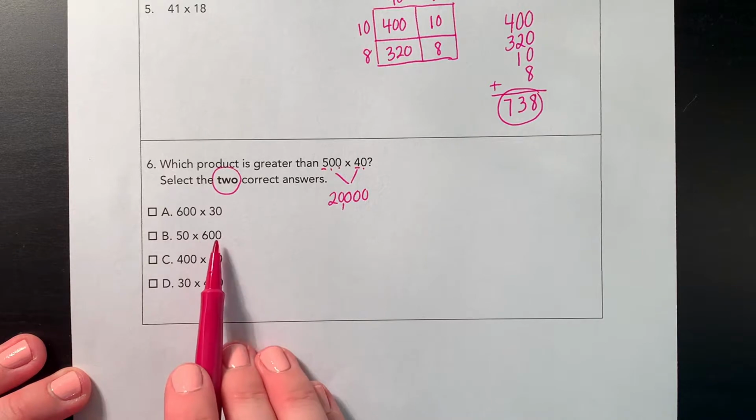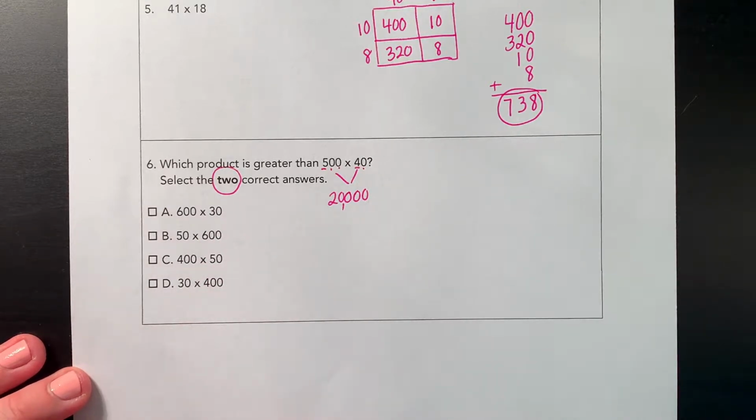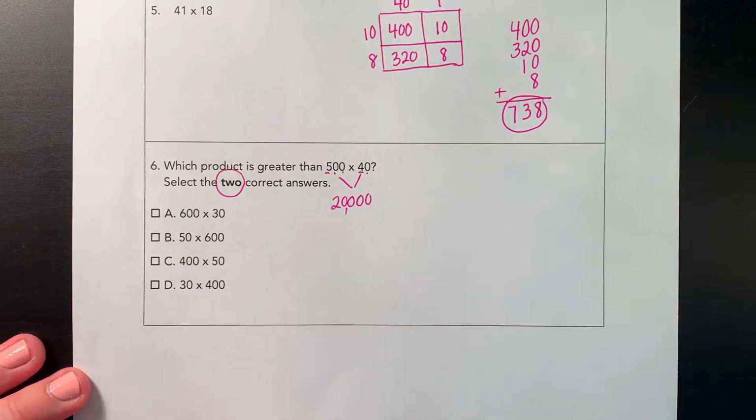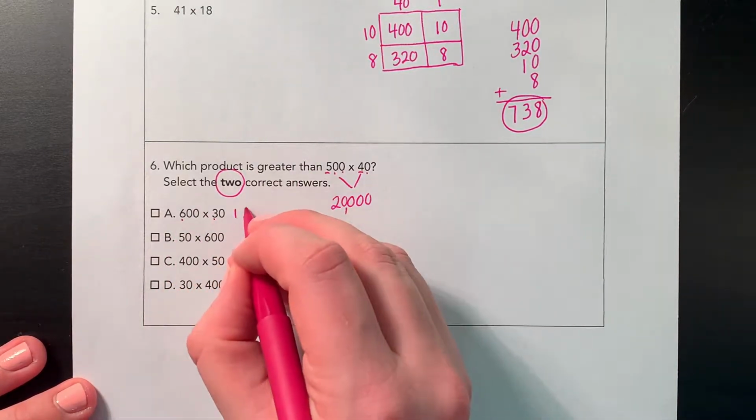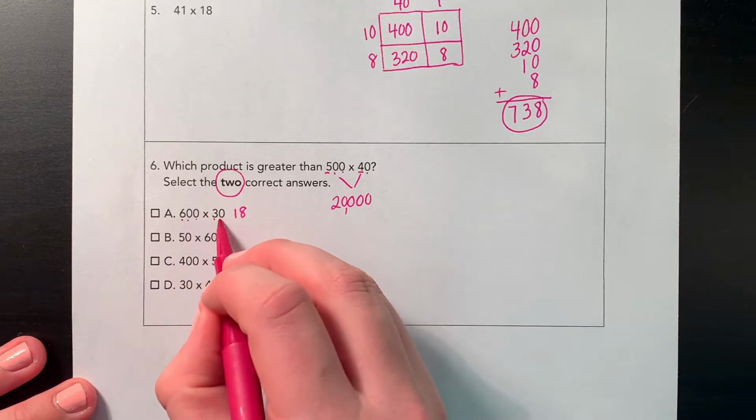So what you can do is just go through each one of these answer selections and find out what the product is. And then you can figure out which ones are going to be more than 20,000. All right, so 6 times 3 is 18. And then you add 1, 2, 3 zeros.